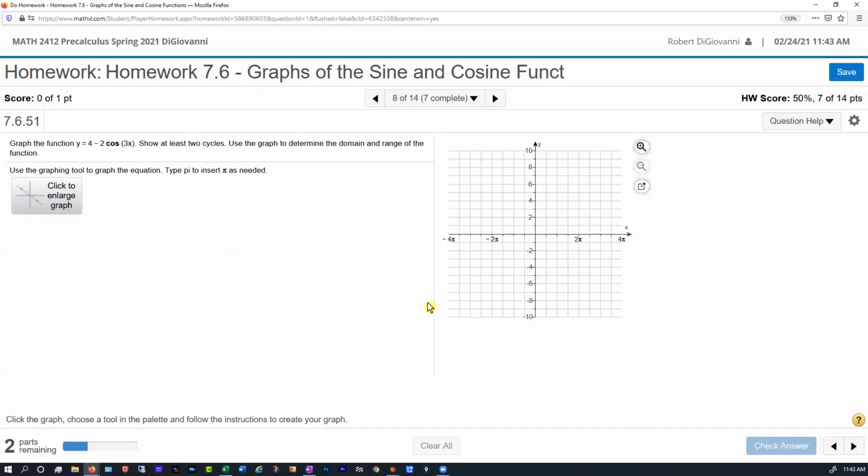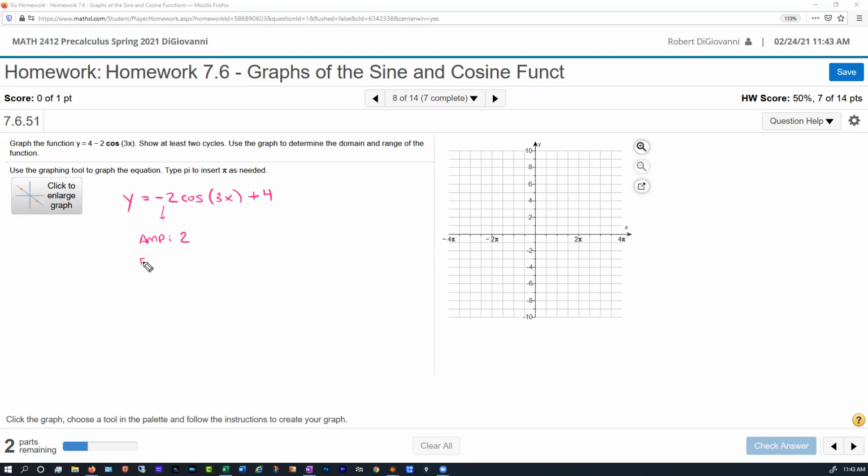All right, so this one is a little tricky. What I'll do first is I'm going to rewrite the problem. I'm going to just reorder things here. So what I did is I decided to put that 4 in the back and move this out to the front. And that way we could see from here the amplitude is 2.